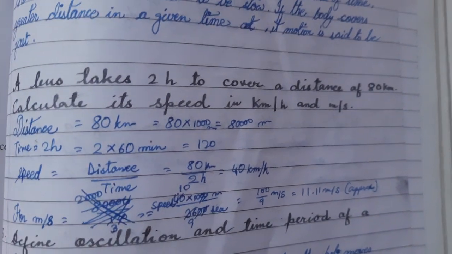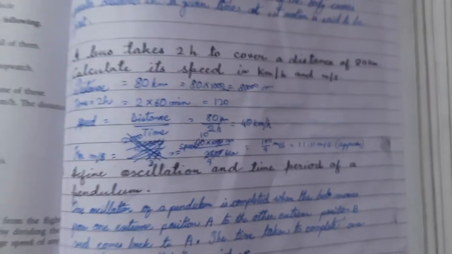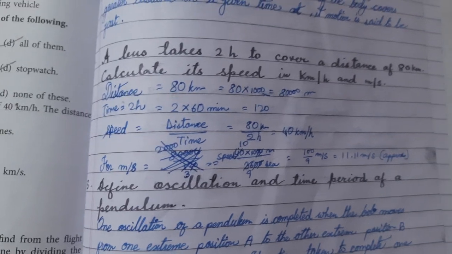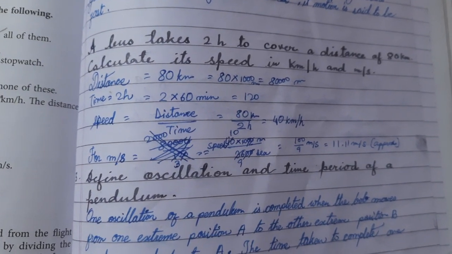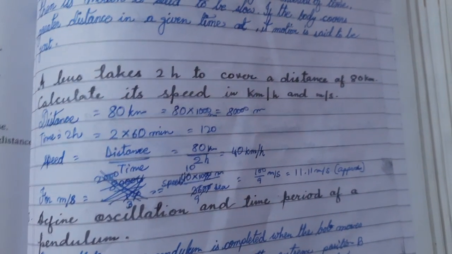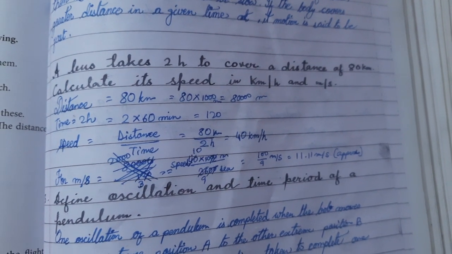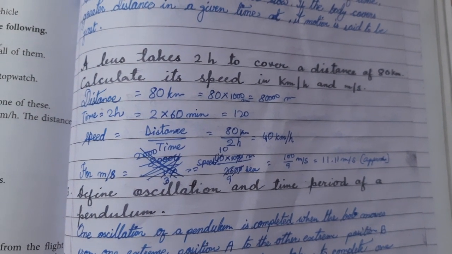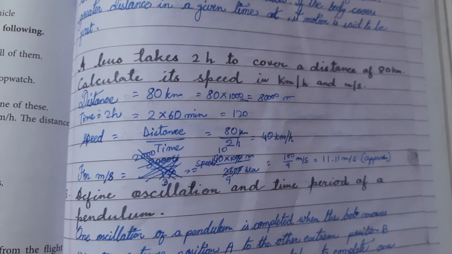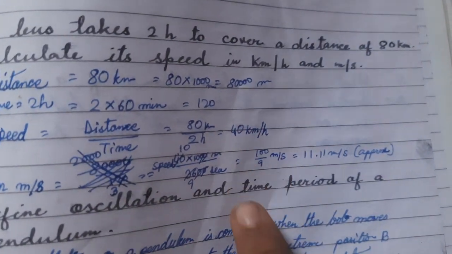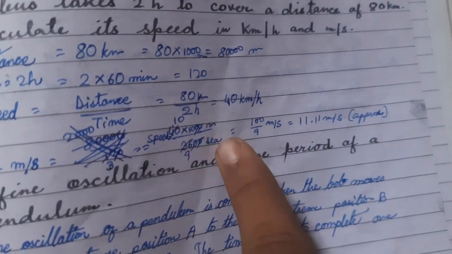Convert the speed of 40 kilometers per hour: 40 kilometers is 40,000 meters, and 1 hour means 3,600 seconds.